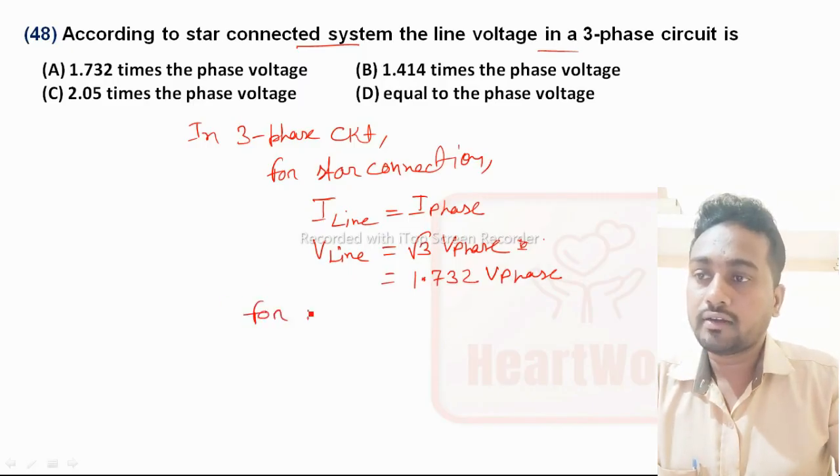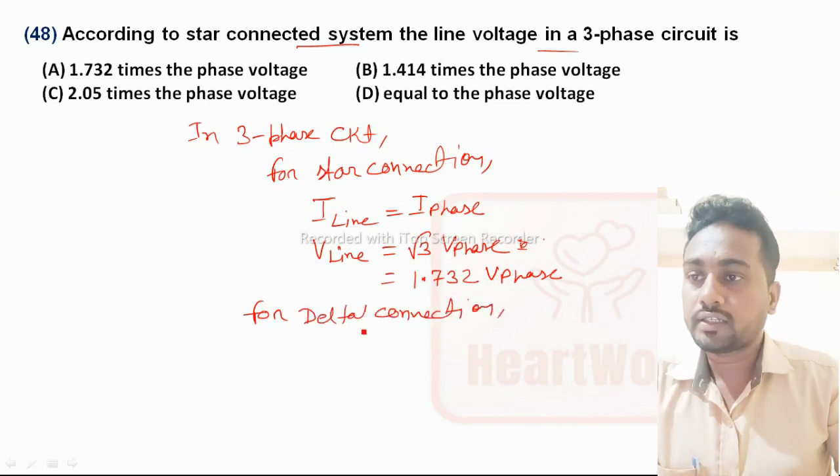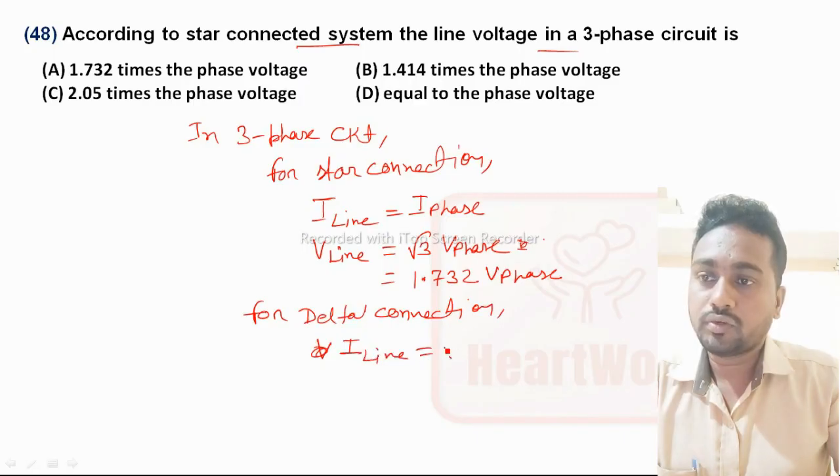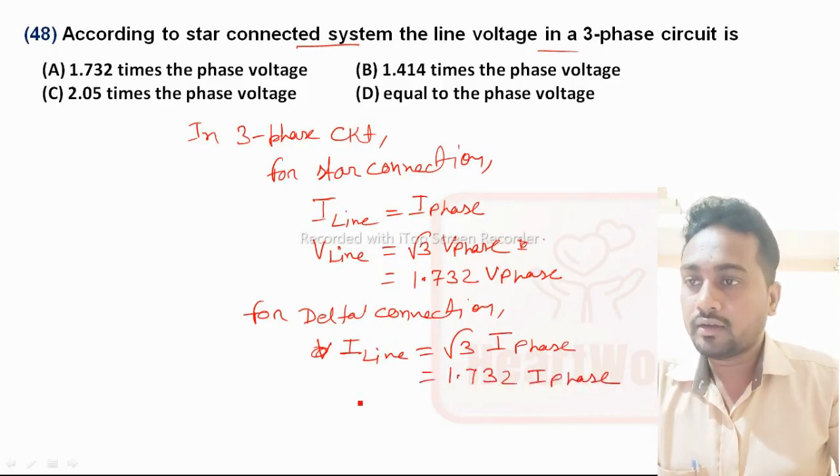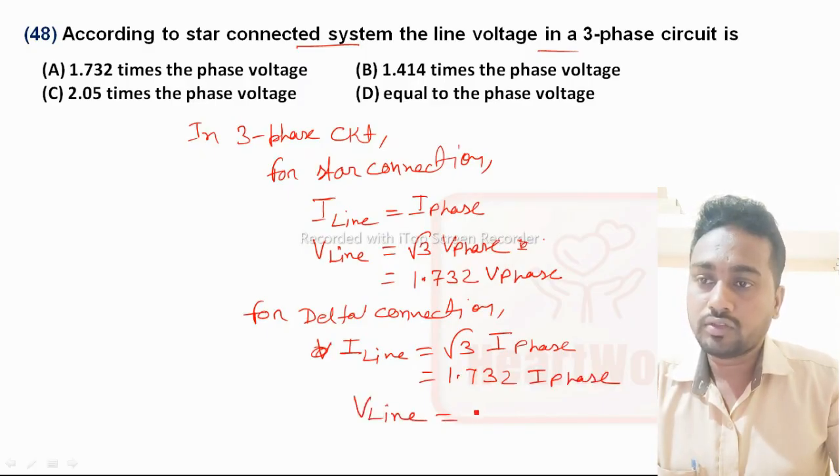And for delta connection, line current is equal to root 3 times phase current. Here it is opposite: line current is equal to 1.732 times phase current, and line voltage is equal to phase voltage.